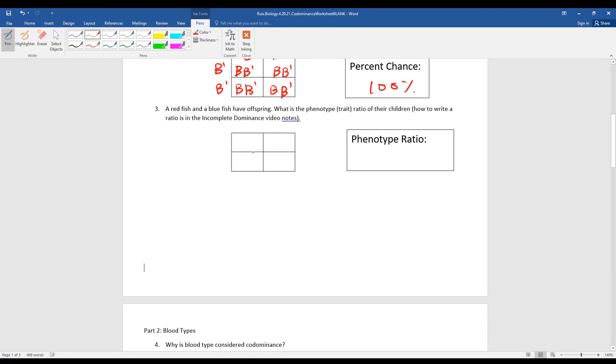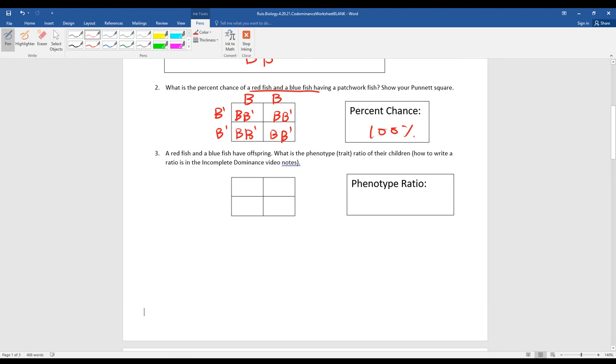Red and blue fish have offspring. What is the phenotype ratio of their children? Okay, so this is the same Punnett square as the one above. So all of these are B prime B, right? So the phenotype ratio is 1 patchwork.